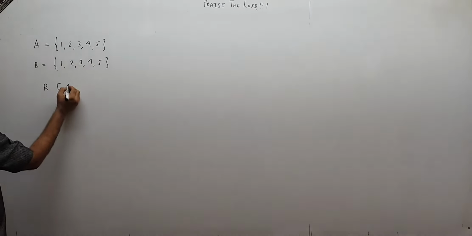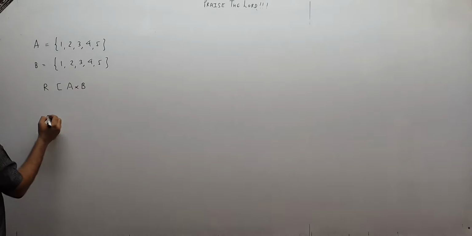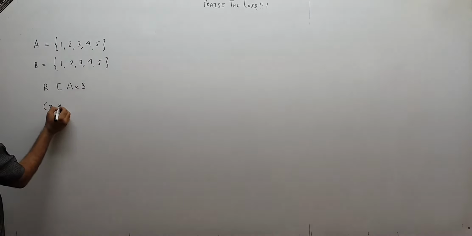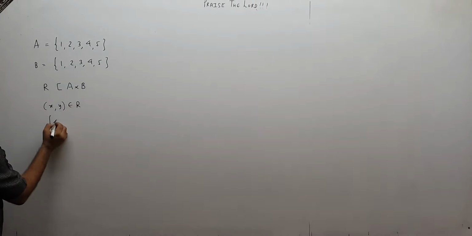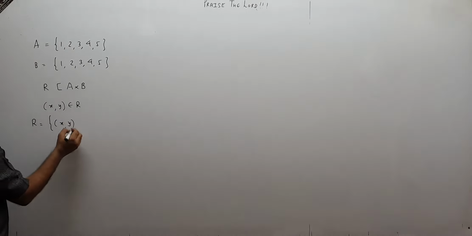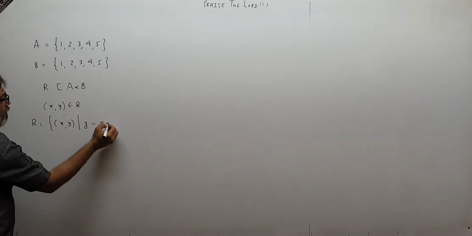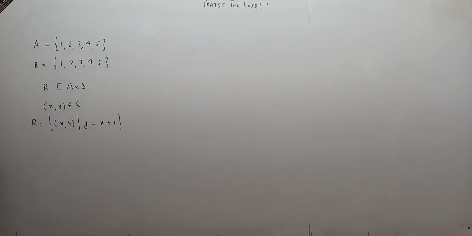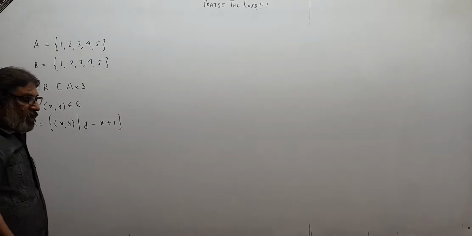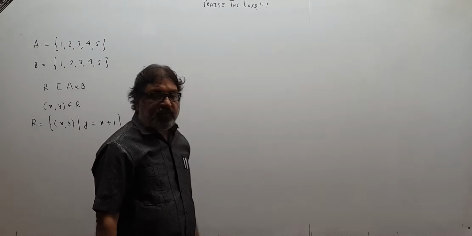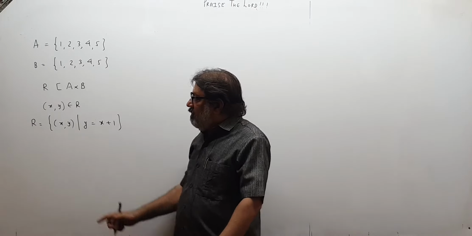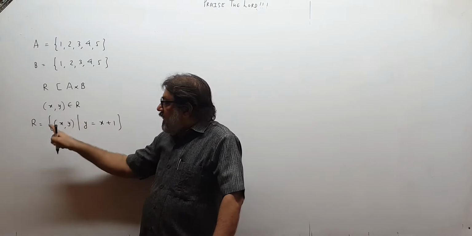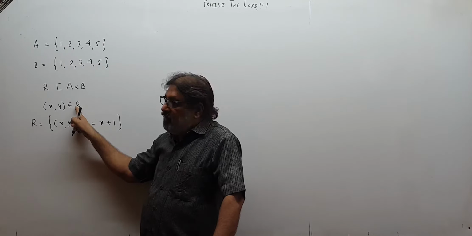R is a subset of A cross B, and (x, y) belongs to R such that y is x plus 1. So this relation will contain ordered pairs (x, y) such that y will be x plus 1.